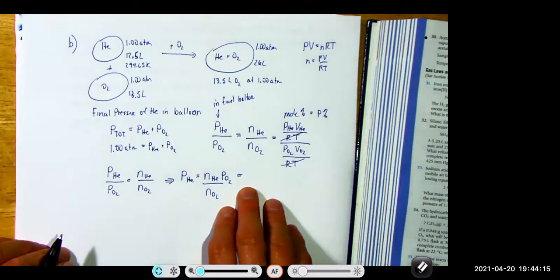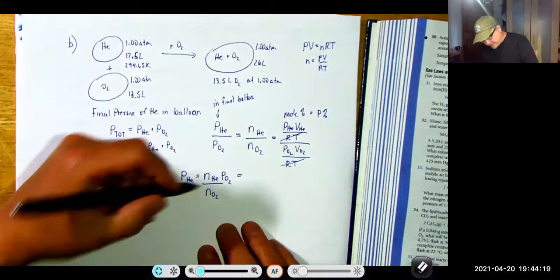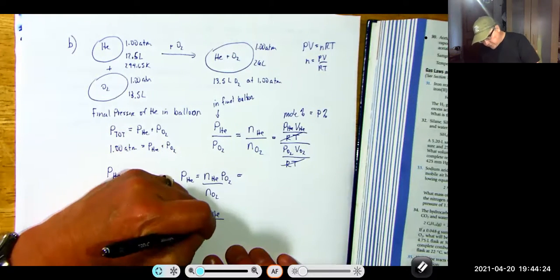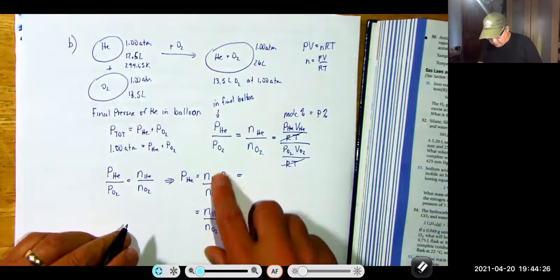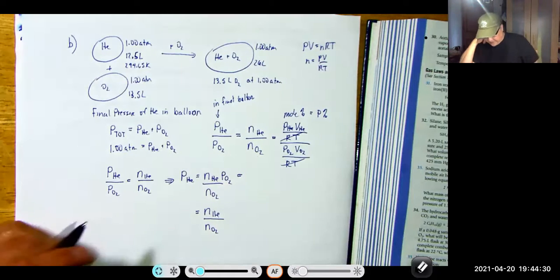And so now I think what I want to do with this is I want to say that the moles of helium over the moles of O2 for the pressure of O2, what do I want to do here?